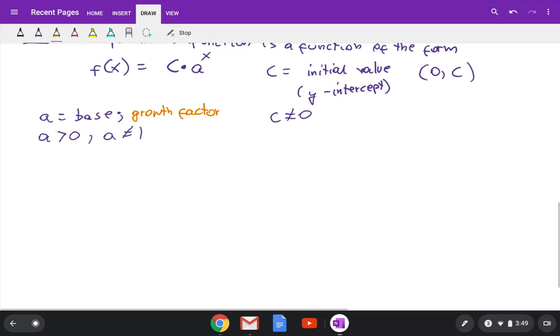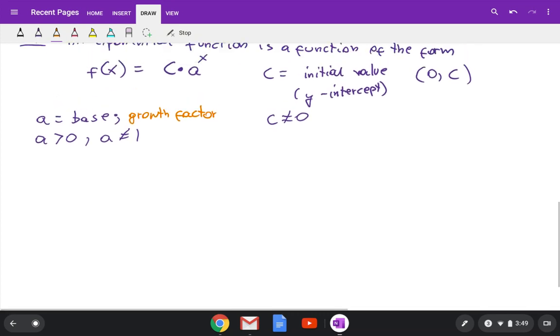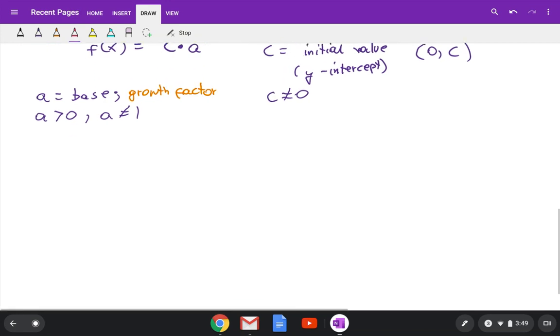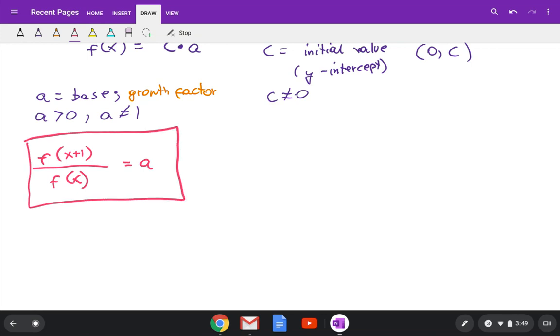What is important about exponential functions? This is super important. This part will help you find the base. In an exponential function, the ratio of two consecutive outputs, which means f of x plus 1 over f of x, will always be equal to a, the growth factor, the base of the exponential function. How do you read that?